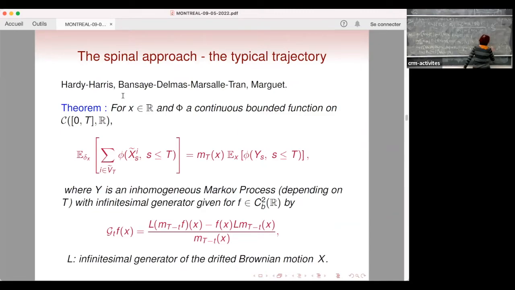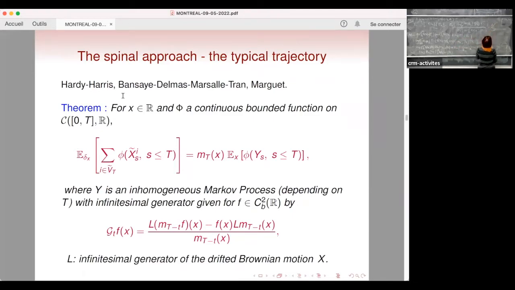M_{t-s} of X_s ds. Here we condition; this quantity is F_s measurable, but here we have to decondition.